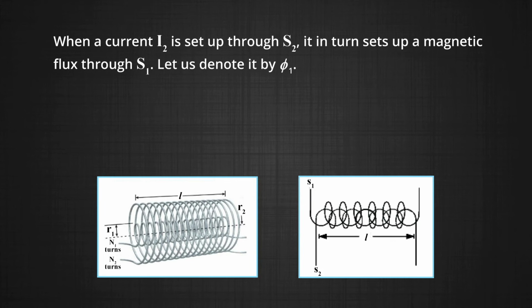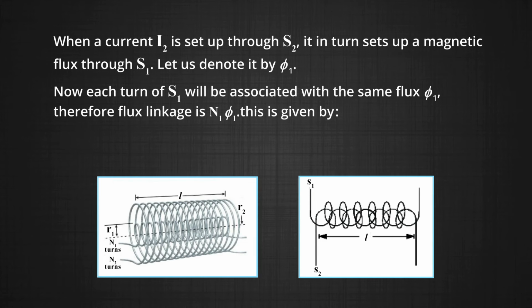When the current I2 is set up through S2, it in turn sets up a magnetic flux through S1. Let us denote this flux by phi1. Now each turn of S1 will be associated with the same flux phi1. Therefore, flux linkage is given by N1 phi1.